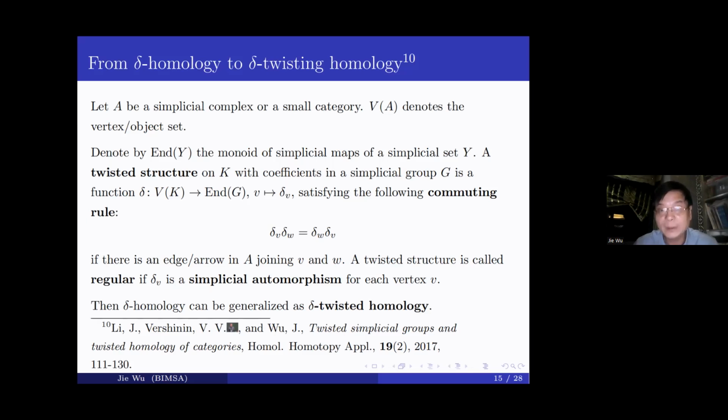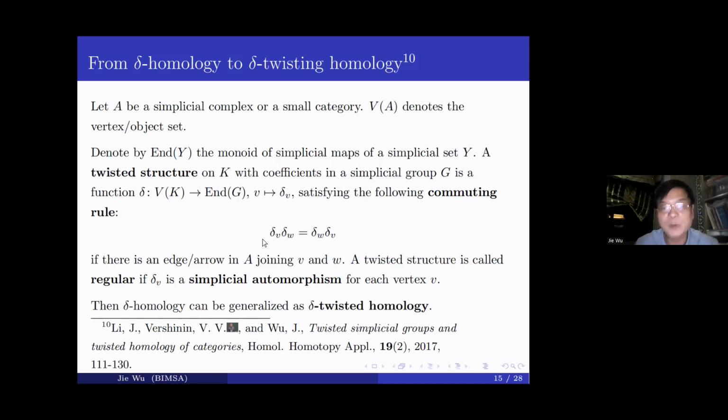By checking these laws, we found that you need a bit of conditions on these twistings. Each twisting is some endomorphism of a group. So each vertex I assign some endomorphism of a group, and to make it work, we need the boundary squared to be zero, so that eventually we get a chain complex. We are checking these rules, and there is a natural condition we have to put here.